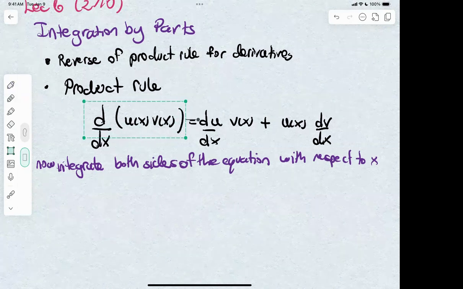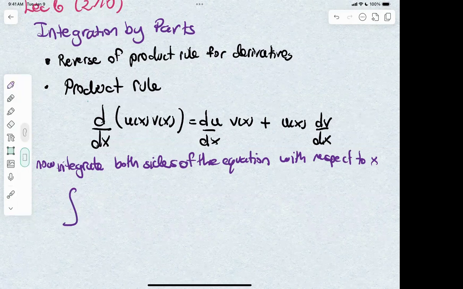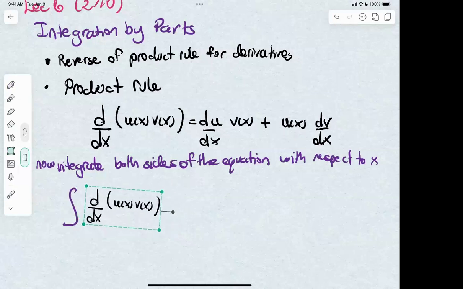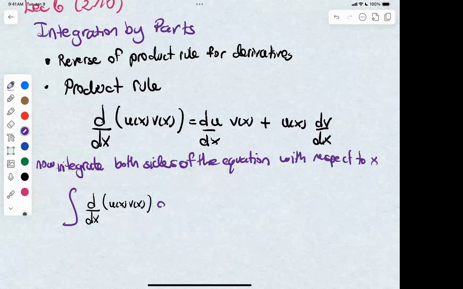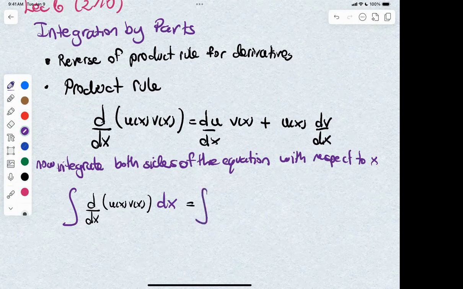And I literally just mean that: the integral of the left-hand side with respect to x should be the integral of the right-hand side with respect to x.